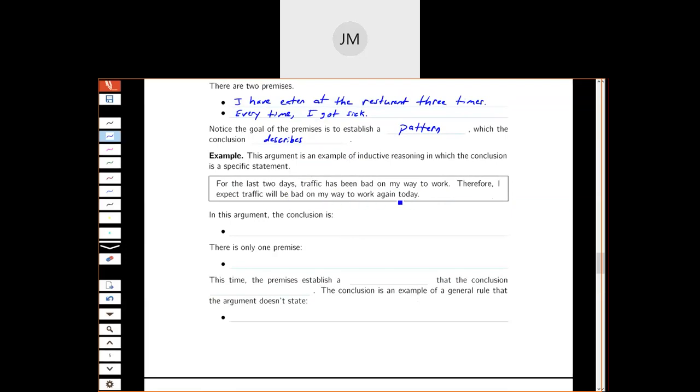Okay, so here we're not giving a general rule. We're making a conclusion about today, right? So I can see my keyword, therefore. So my conclusion here is traffic will be bad today.